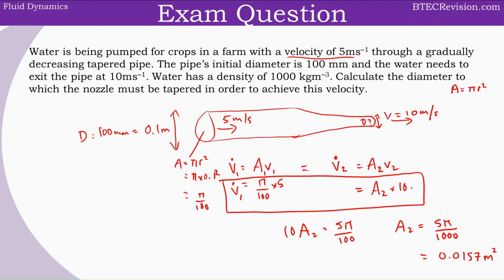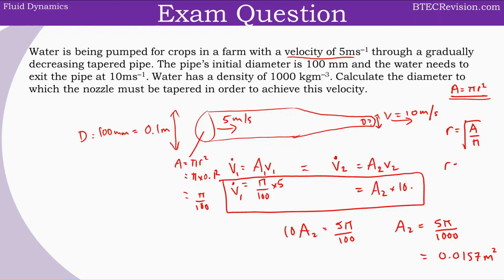But from that, we need to work out the diameter. So we'll work out the radius first, and we'll plug that into this equation. So we want to rearrange that for r. So r squared equals a divided by pi, and you can square root everything to get r.